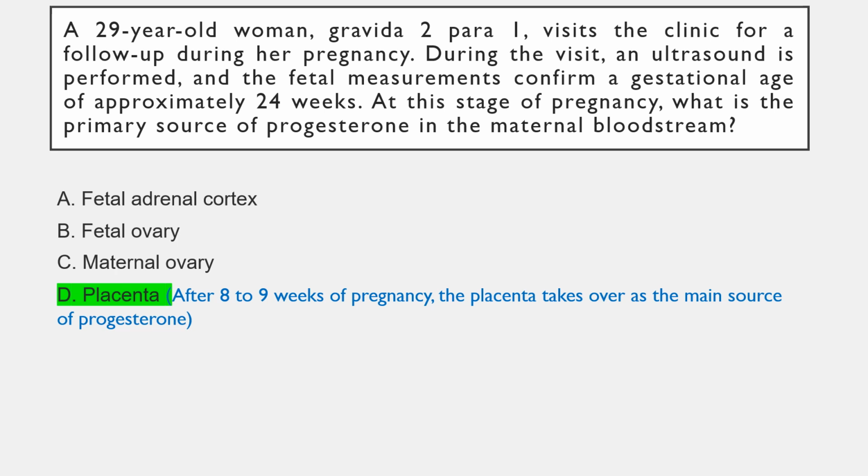Following implantation, the corpus luteum continues to secrete progesterone supported by human chorionic gonadotropin, which is produced by the developing placenta. However, the corpus luteum's function is temporary, and by 8 to 9 weeks of gestation, the placenta takes over the role of progesterone production, and the maternal ovary is no longer the primary source.